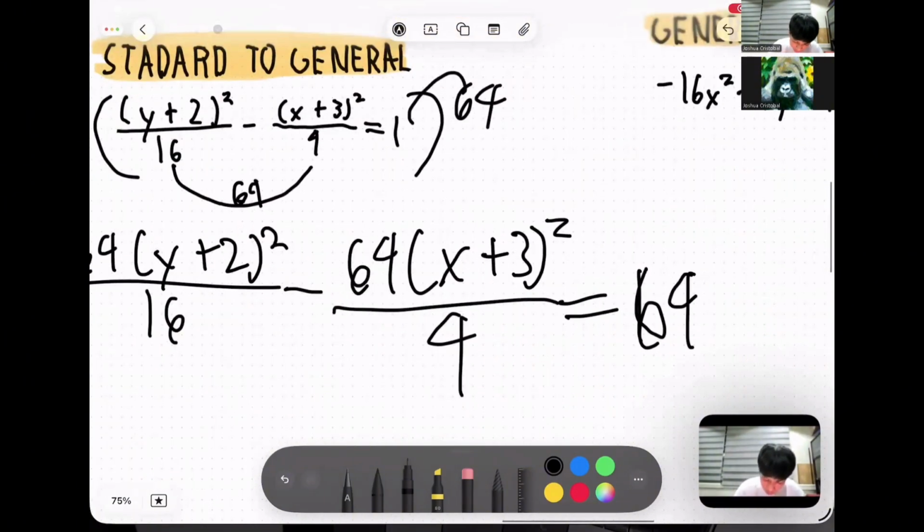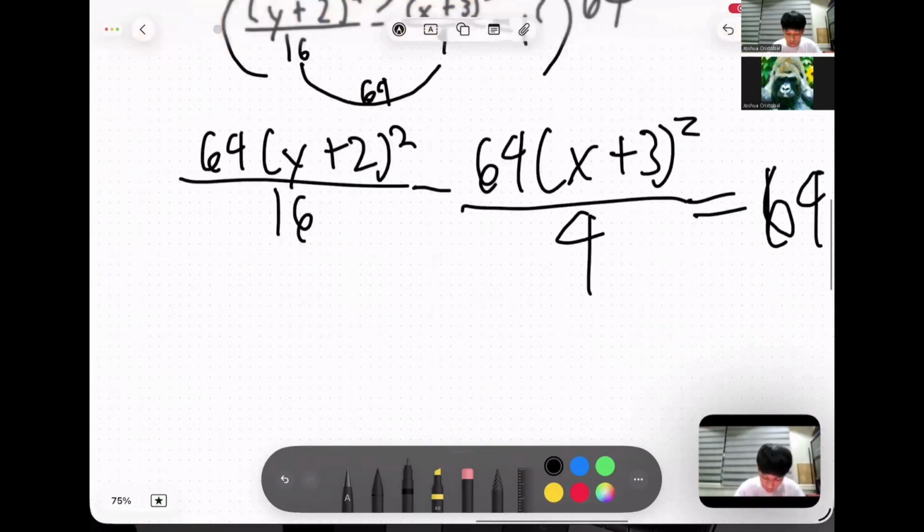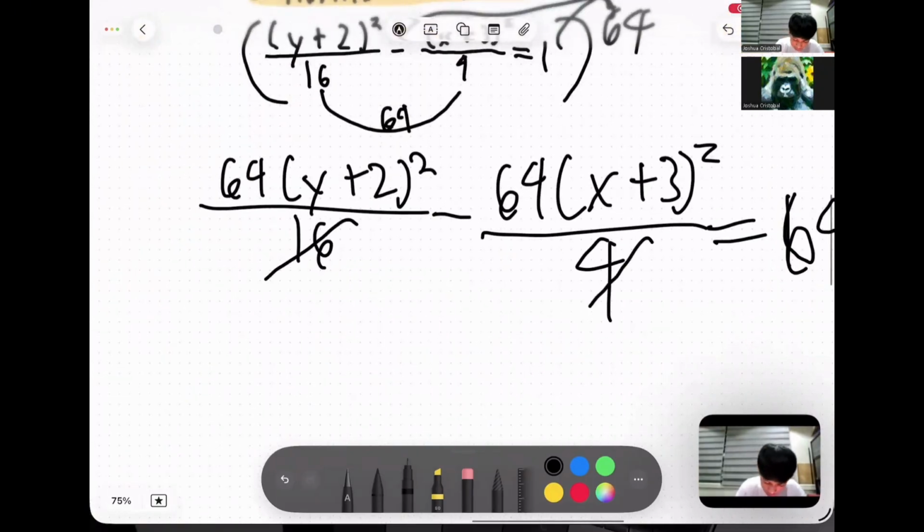Multiply 64 here, multiply 64 there. Then this cancels out because we're going to divide. 64 divided by 16 becomes 4, and 64 divided by 4 becomes 16.